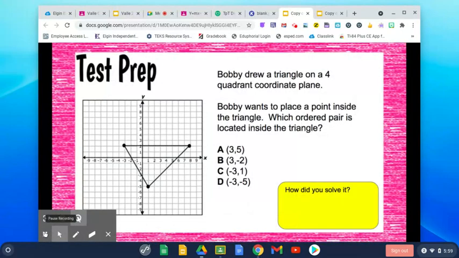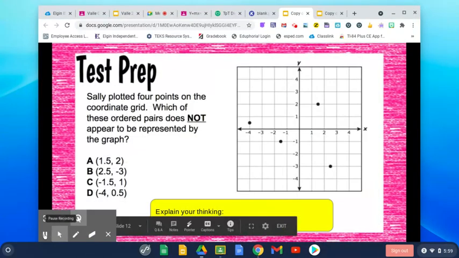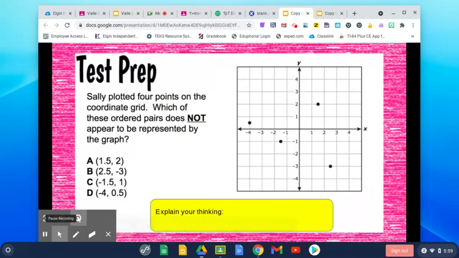The next question is, Bobby drew a triangle on a 4-quadrant coordinate plane. Bobby wants to place a point inside the triangle. Which ordered pair is located inside the triangle? Sally plotted 4 points on the coordinate grid.